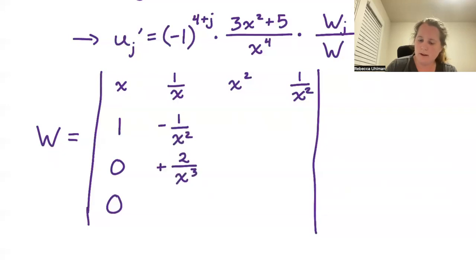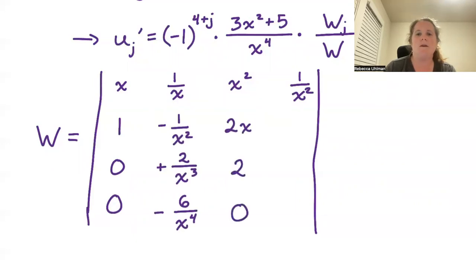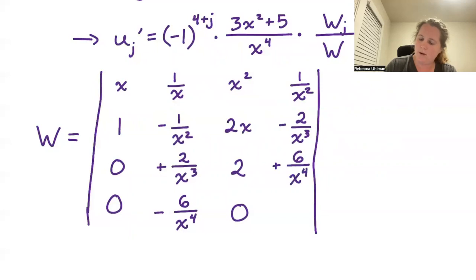And derivative of that is a -6 over x to the fourth. Taking the derivatives of x squared, we get 2x followed by 2 followed by 0. And then the derivatives of 1 over x squared, we would get a -2 over x cubed followed by a positive 6 over x to the fourth, followed by a -24 over x to the fifth.